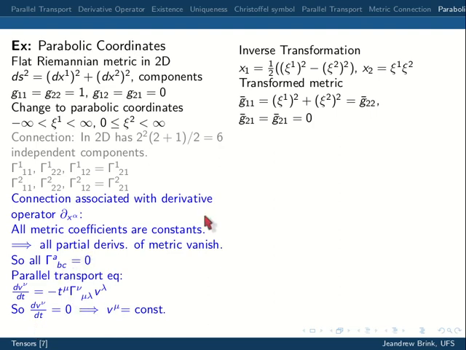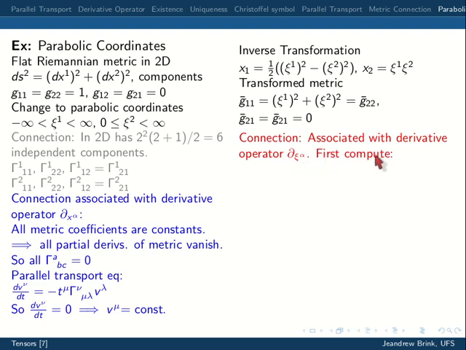Let's now see what happens when we work in a new coordinate system. Okay, so here it's the same manifold, it's just a different set of coordinates. But in the different coordinate system, the connection is associated with a derivative operator, which is basically the coordinate derivative operator. So it's d/dxc^alpha.